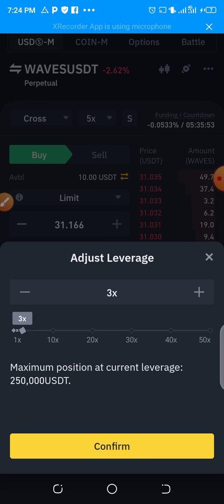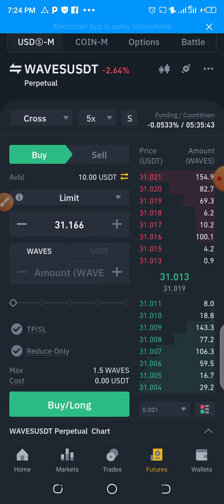So you use 3x or 5x maximum. Then confirm. So my margin is cross margin and my leverage is 5. When you do that, that is one of the rules to play safe in future and make good money.